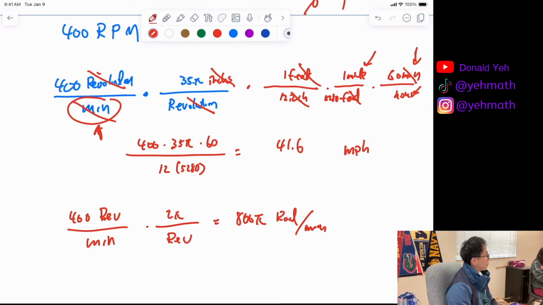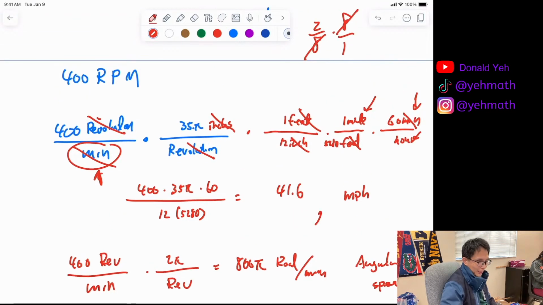That means I'm changing 800 pi radians per minute. 2 pi is 1 rotation, right? This is how fast the angle is changing. 400 revolutions means 800 pi. So this is angular speed, and this is linear speed.